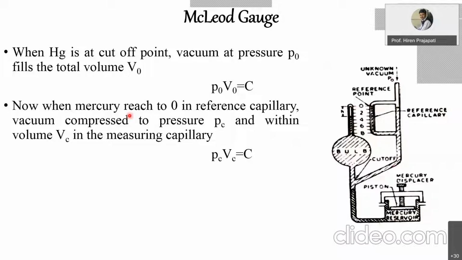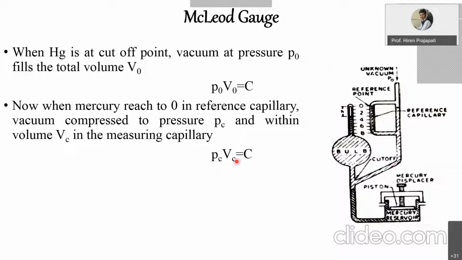Now when the mercury reaches zero in the reference capillary, the vacuum is compressed to pressure PC, the compression pressure, within volume VC in the measuring capillary. So this H into the area of the measuring capillary is the volume VC, right?